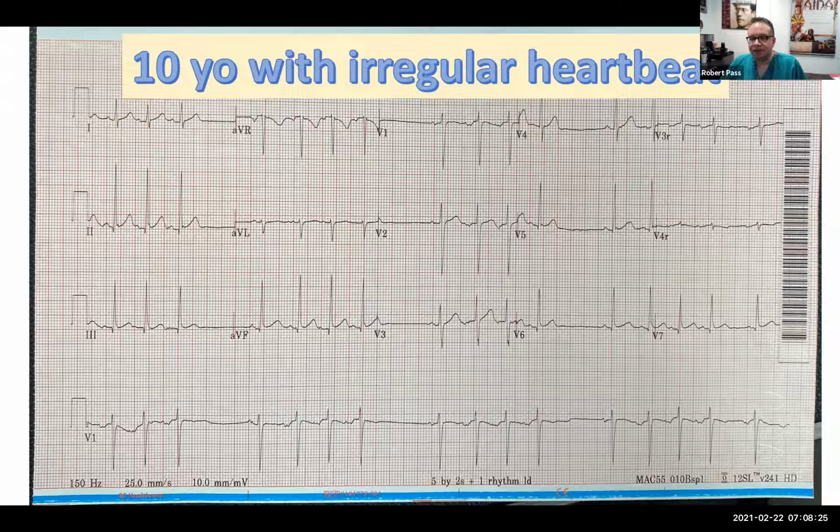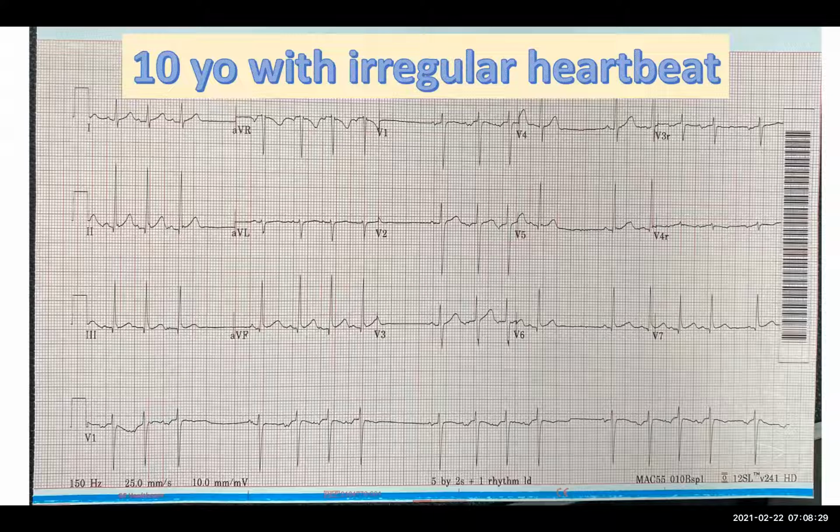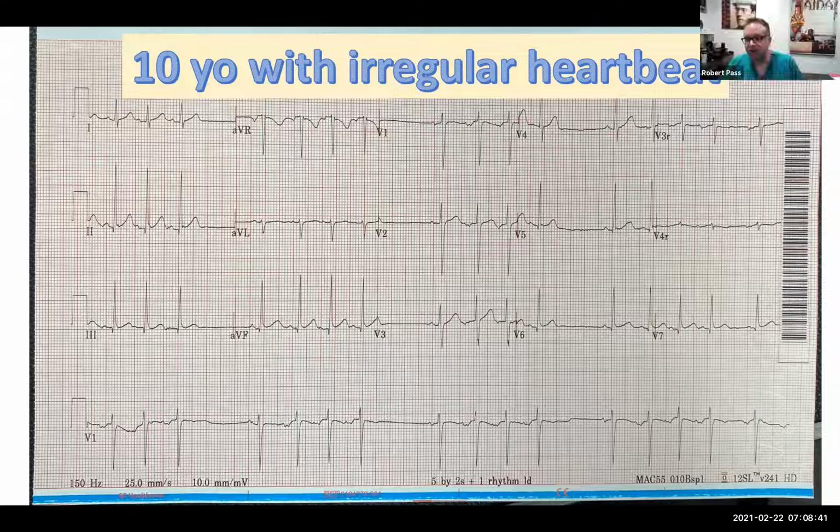Anything else you're looking for on the echo? Well, I guess any changes in the right atrium. Well, what kind of change? You wouldn't normally see any changes in the right atrium, would you? But you're looking for the function, right? Because you just said you're worried about the patient having a tachycardia-induced cardiomyopathy.